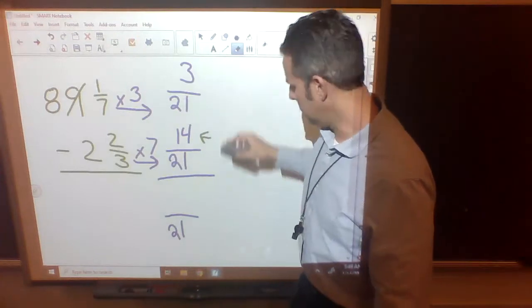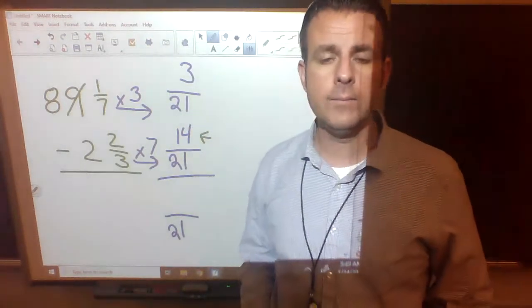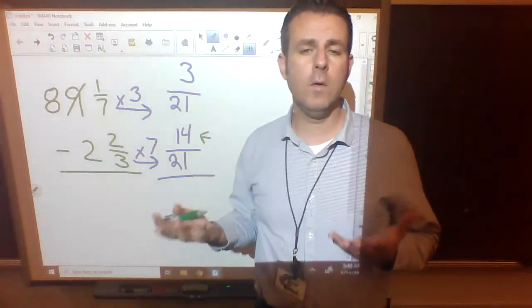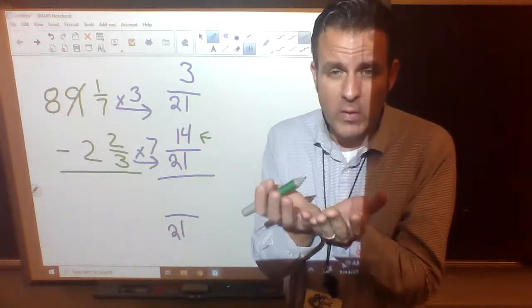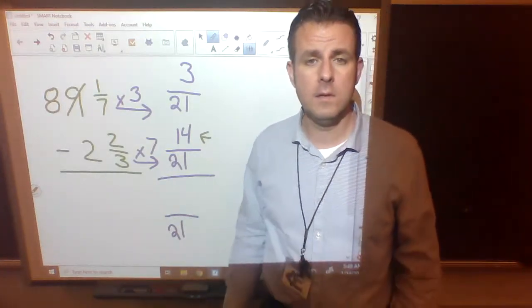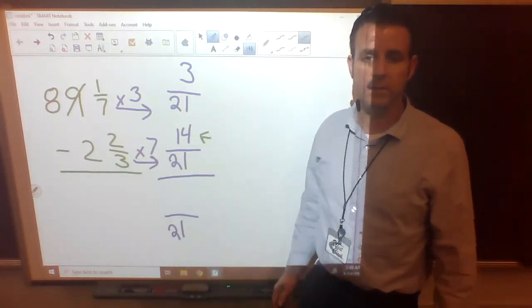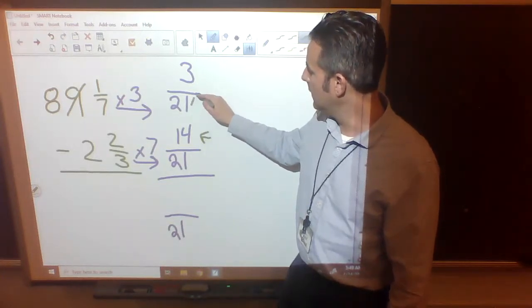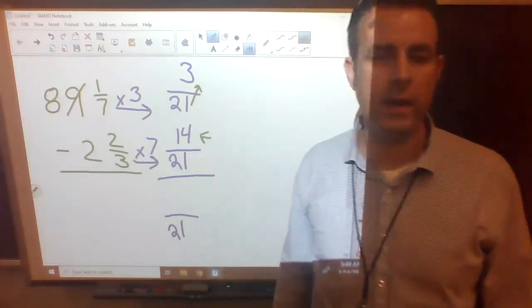Now, a kid in my class last year explained this to me in a real simple way. Because we're bringing over this whole pie or whole candy bar, it's in pieces. We're bringing over a whole thing cut into pieces. Well, how many pieces do we have? What this kid suggested was, Mr. Drake, all you have to do is draw an arrow from your denominator up to your numerator, your top number.